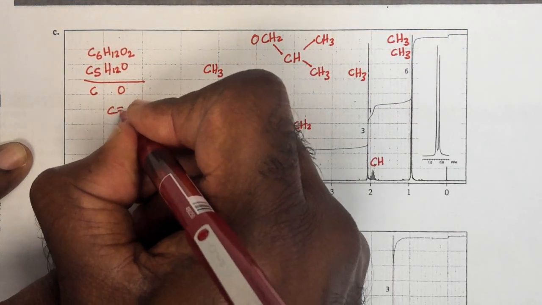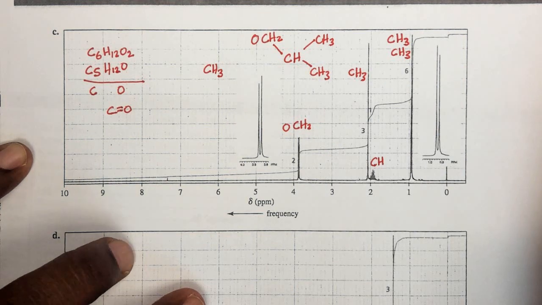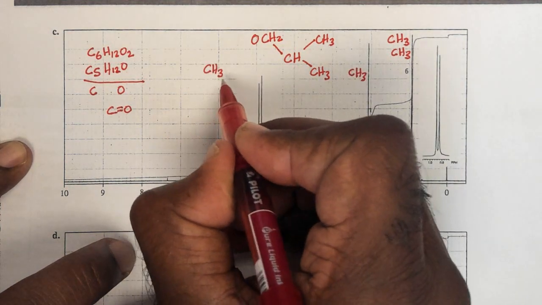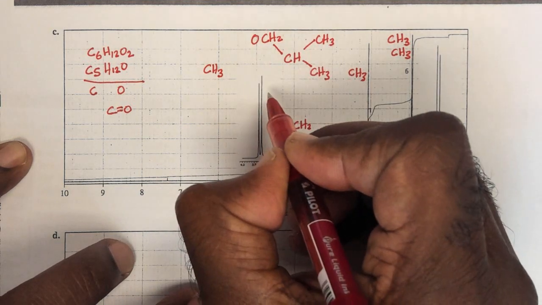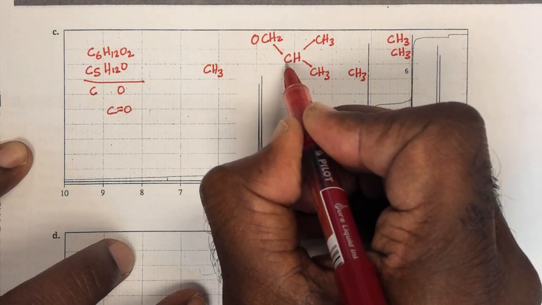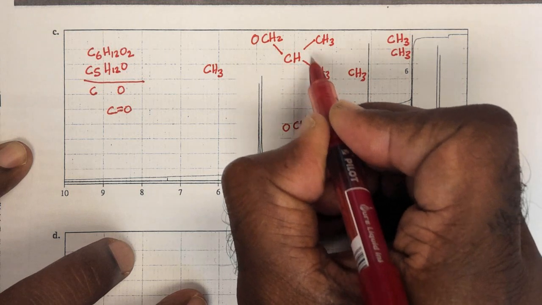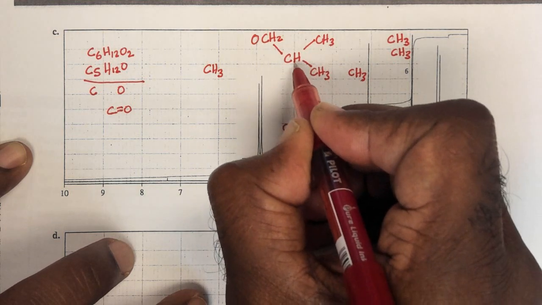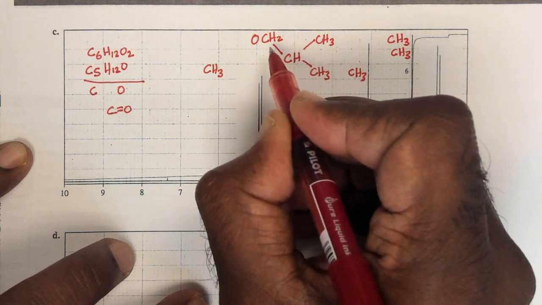Again, that can be due to a carbonyl grouping to link the CH3 together with this fragment. I can't link anything to this carbon because I already have 4 bonds here: the CH3, the CH3, the OCH2 and the hydrogen. 4 bonds around that carbon.